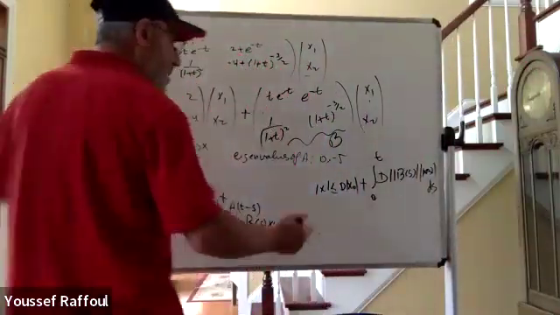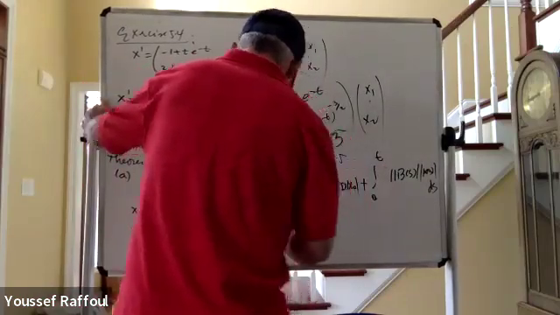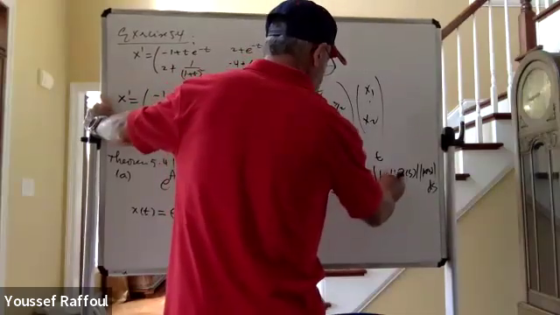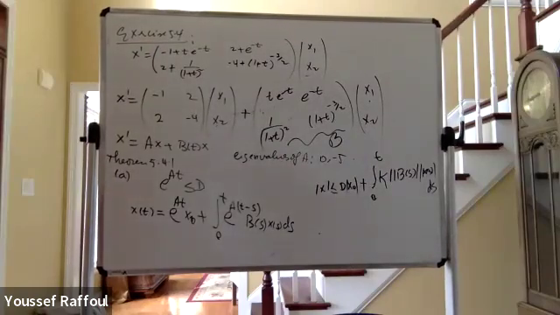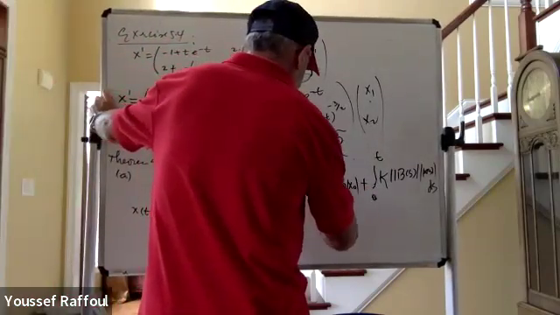This may not be the same constant, but whatever you want to call it, really. Let's call it k. Okay? All right? So now use Gronwall's inequality.